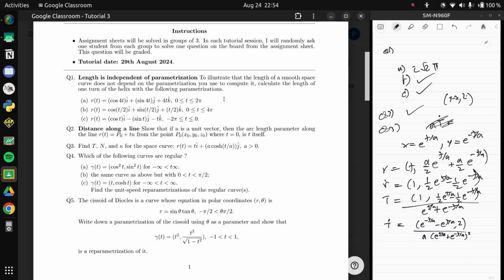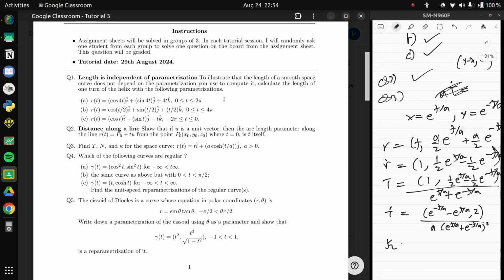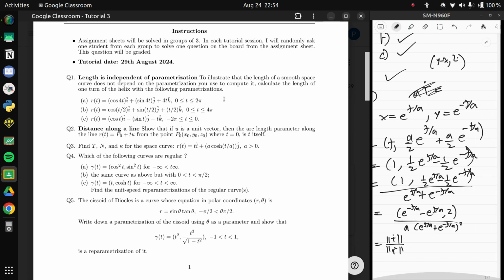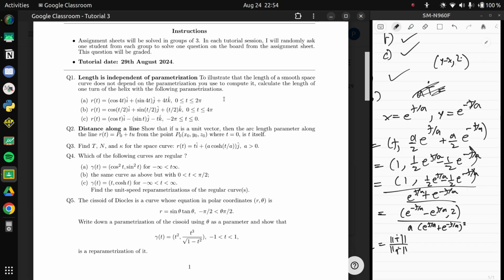What's kappa? Kappa is just the magnitude of t dot upon the magnitude of the v thing, right? The r dot thing. You already know what the magnitude of r dot is. It's this quantity. So dividing by that again would just mean you have a cube, and so it's just the square and all that stuff.